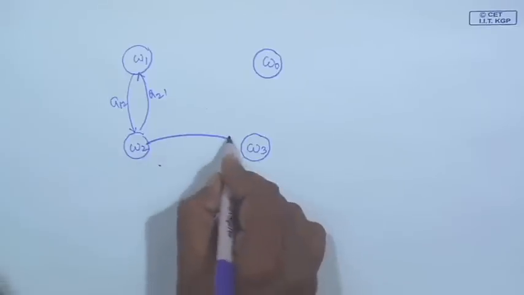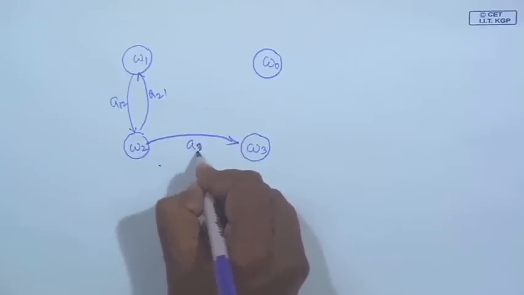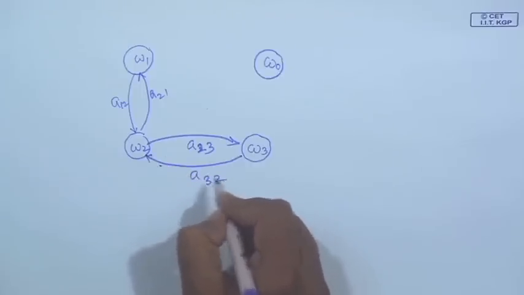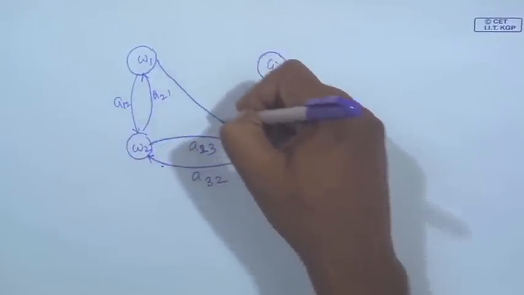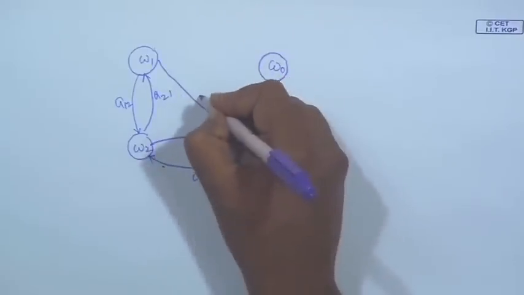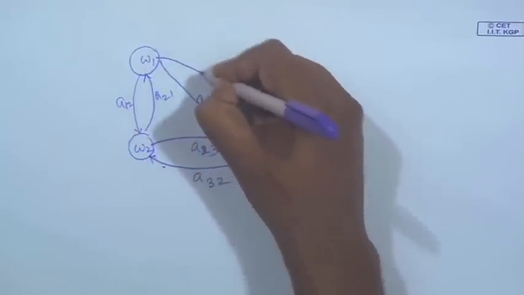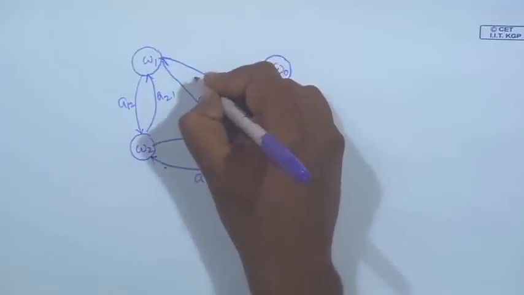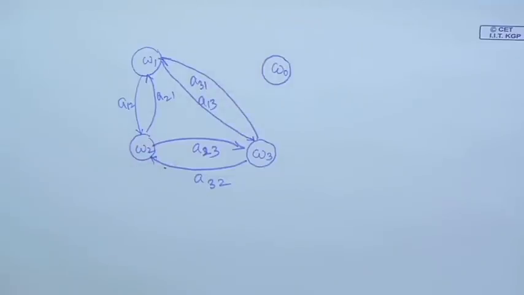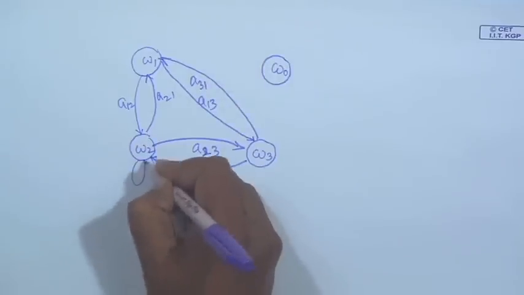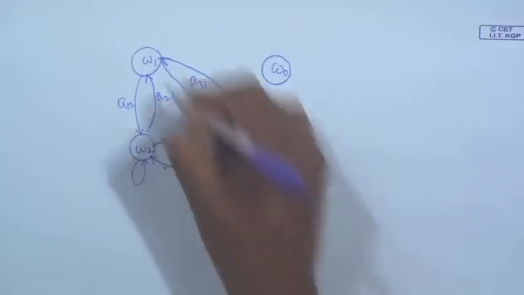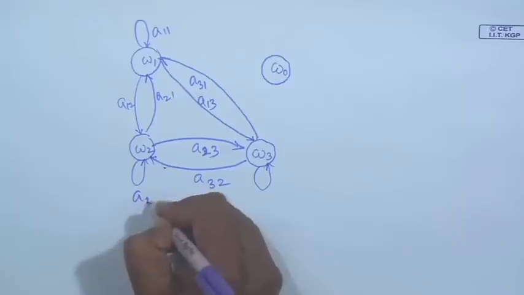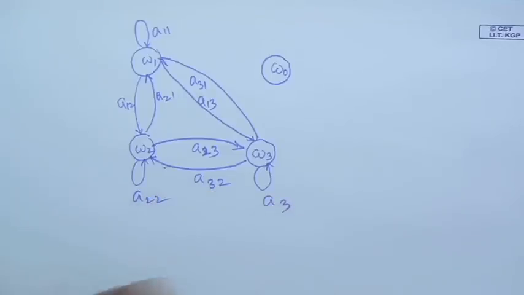Similarly, all these different transitions. Up to this it is fine. I can have self transitions. This is A11, A22, A33.